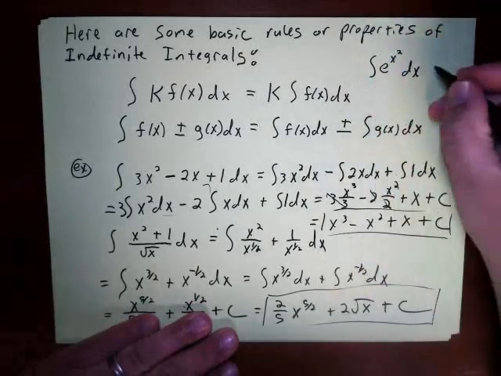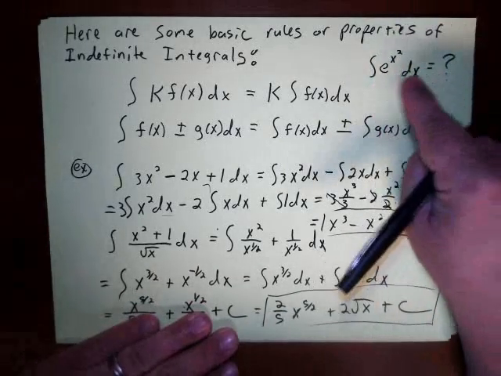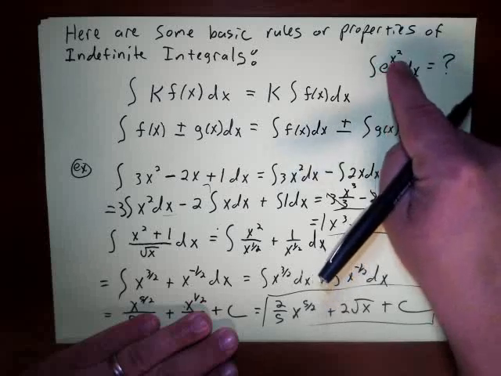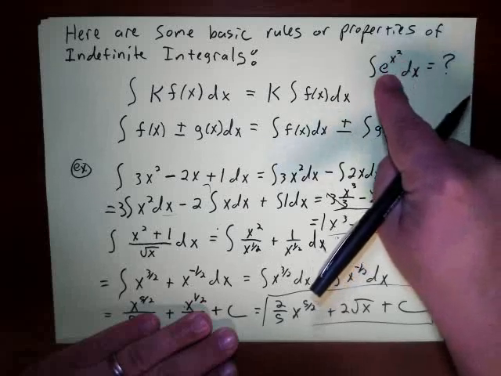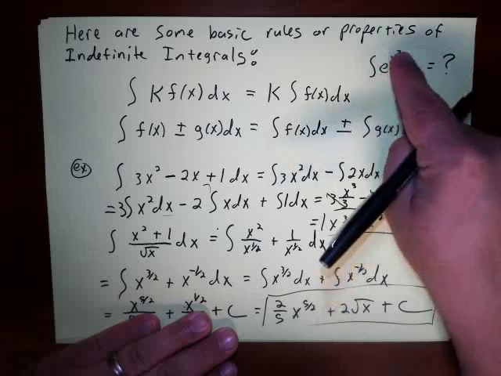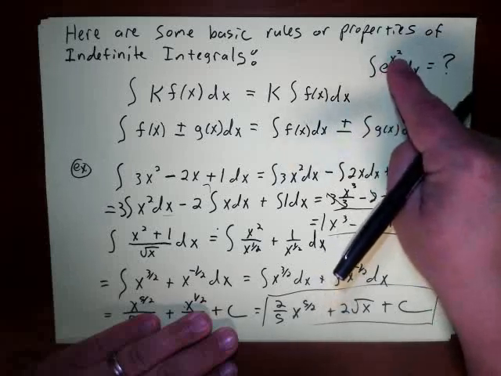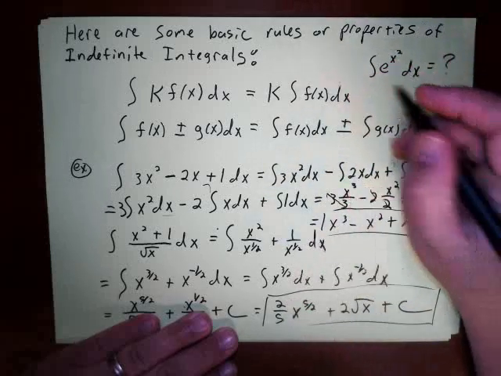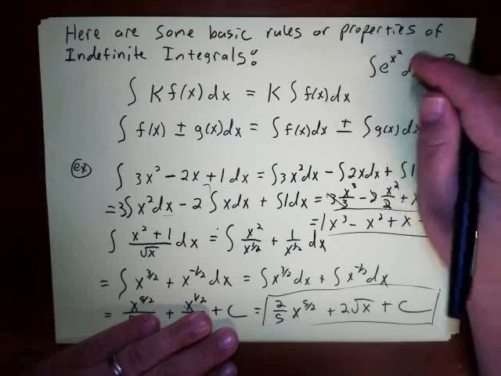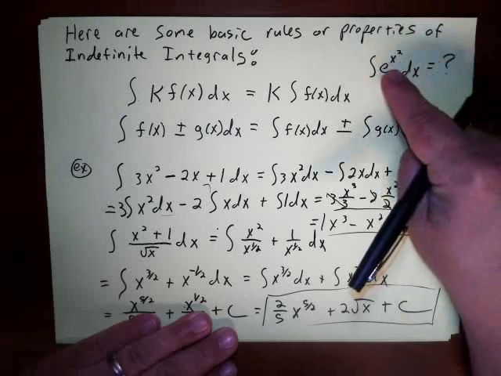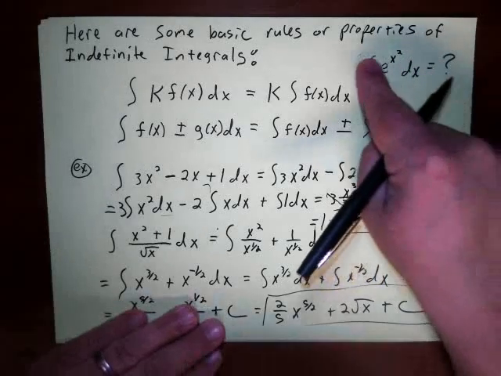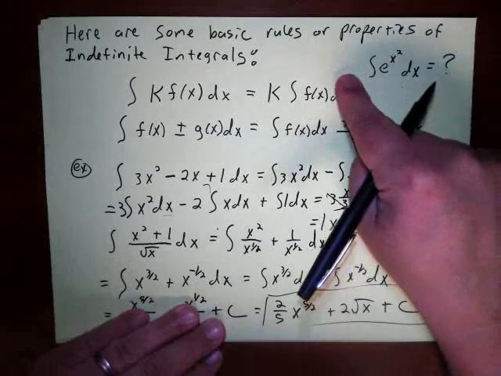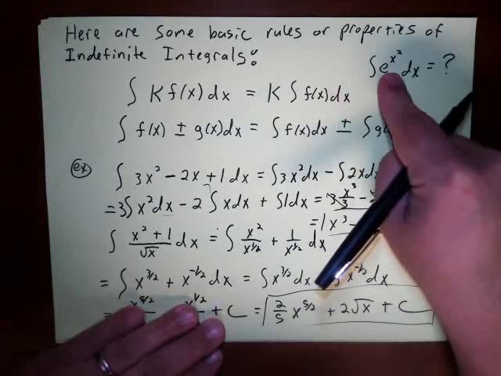If you wanted to find the antiderivative of this, you wouldn't have any problem using the chain rule to take the derivative of e to the x squared. No problem. So this seems like a simple enough function, but there is no antiderivative. There is no function whose derivative gives you this.